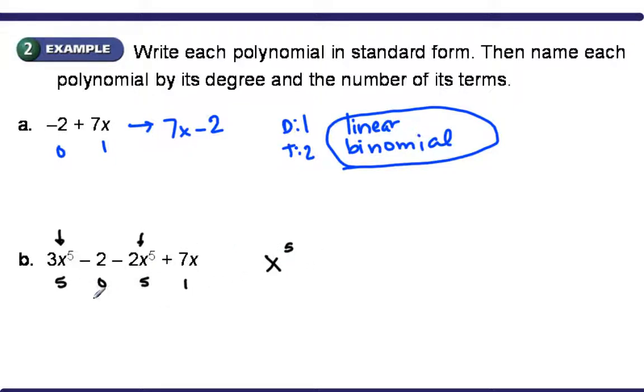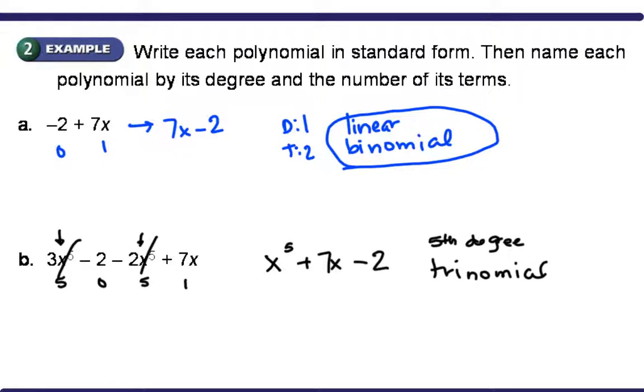Now that is taken care of. We have 7x, and then we have minus 2. The degree is 5, so this would be 5th degree since it's greater than 3. And there's 1, 2, 3 terms, so it is a trinomial. So this is a 5th degree trinomial.